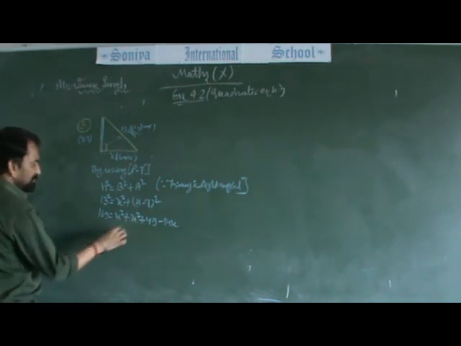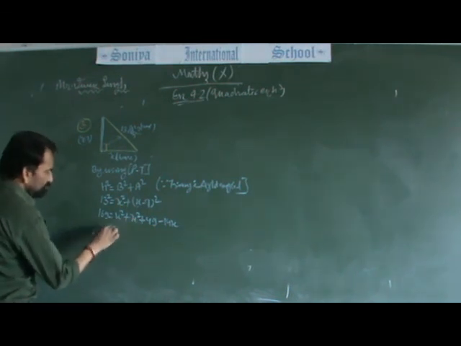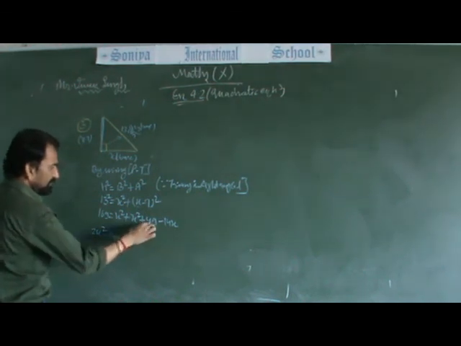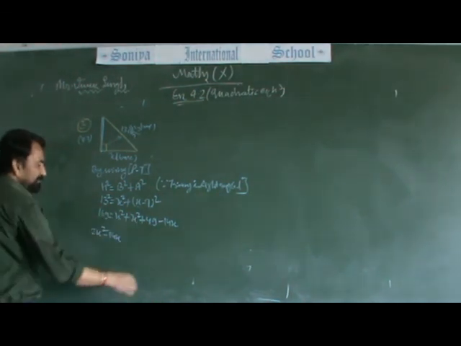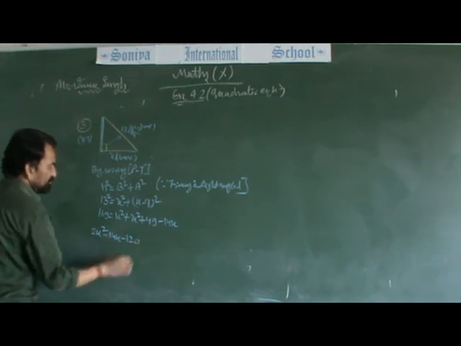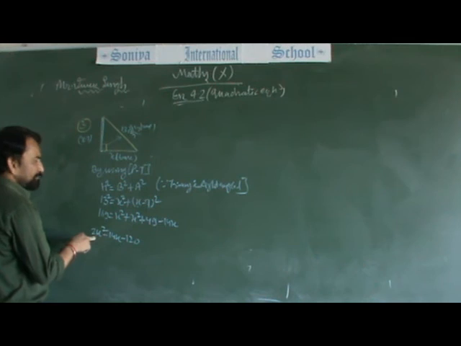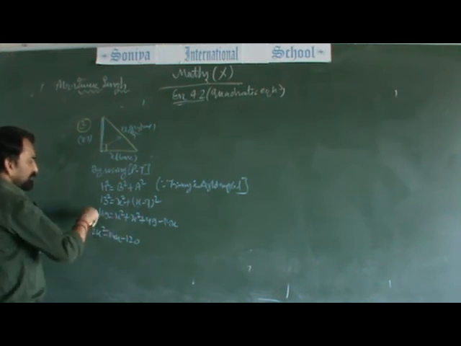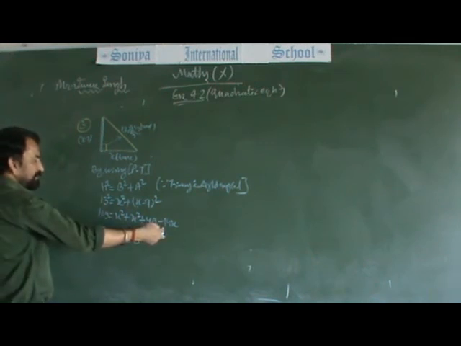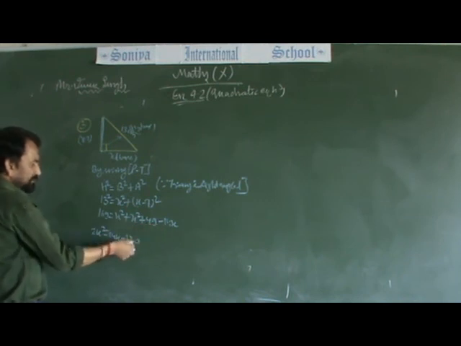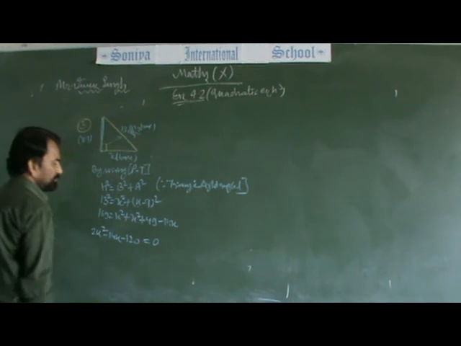X square plus x square, 2x square minus 14x plus 49. Let me check once again. X square plus x square, 2x square minus 14x, 169 goes to the other side, it becomes negative. Minus 169 plus 49 minus 120 is equal to 0.